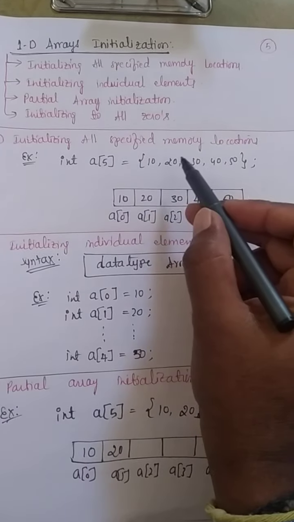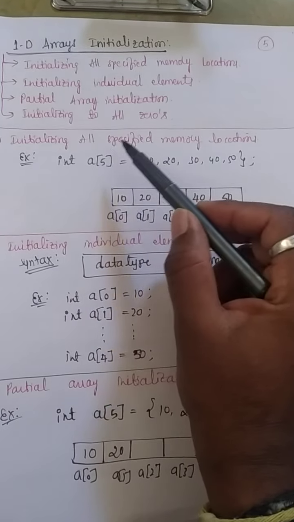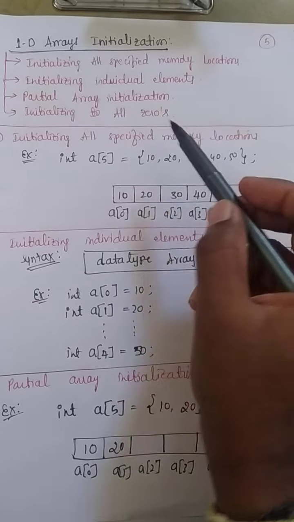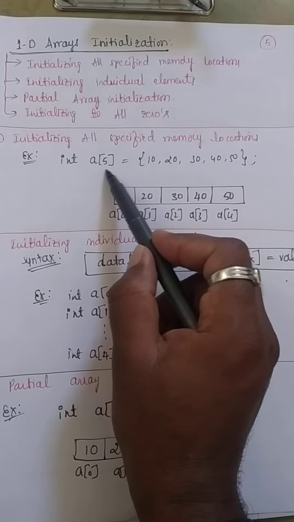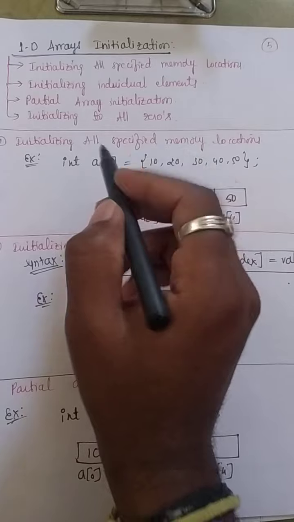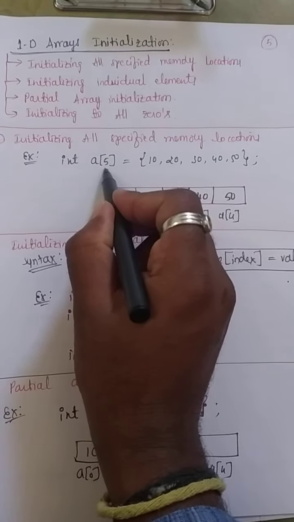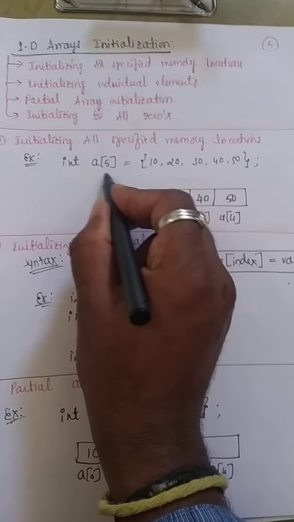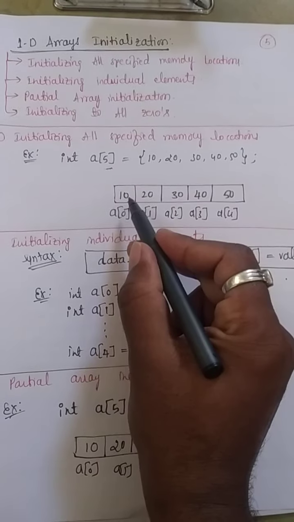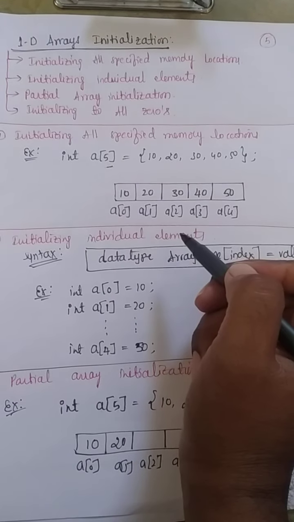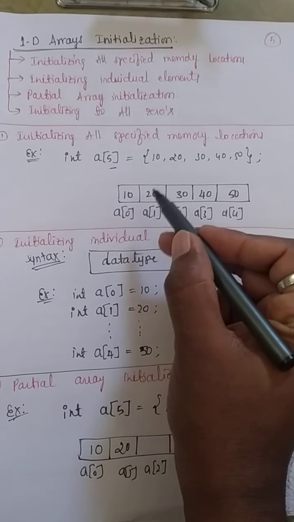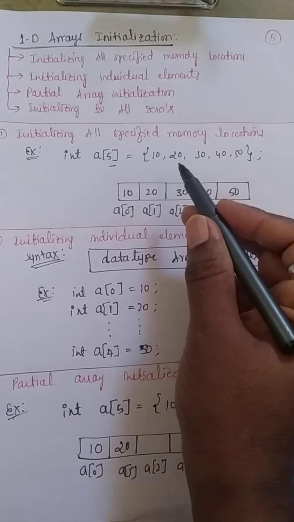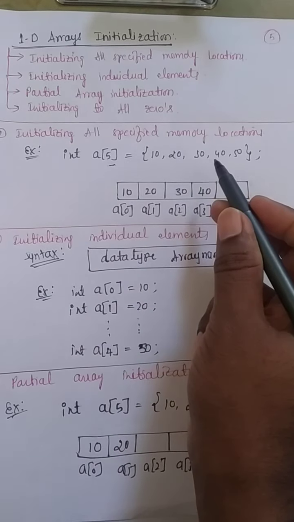Okay, now. So what do you mean by initializing all specified memory locations? Here, what is the array size? 5. So when the array size is 5, you have 5 memory locations: 1, 2, 3, 4, 5. You are initializing all these 5 memory locations by 10, 20, 30, 40, 50.